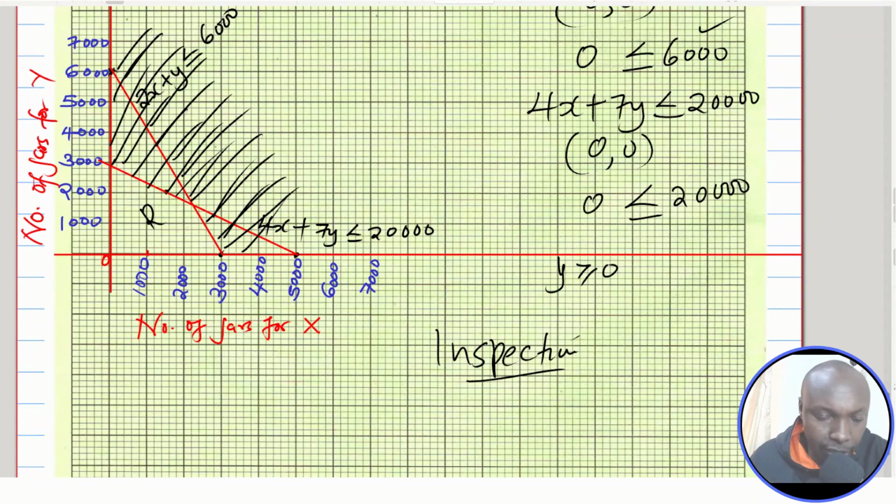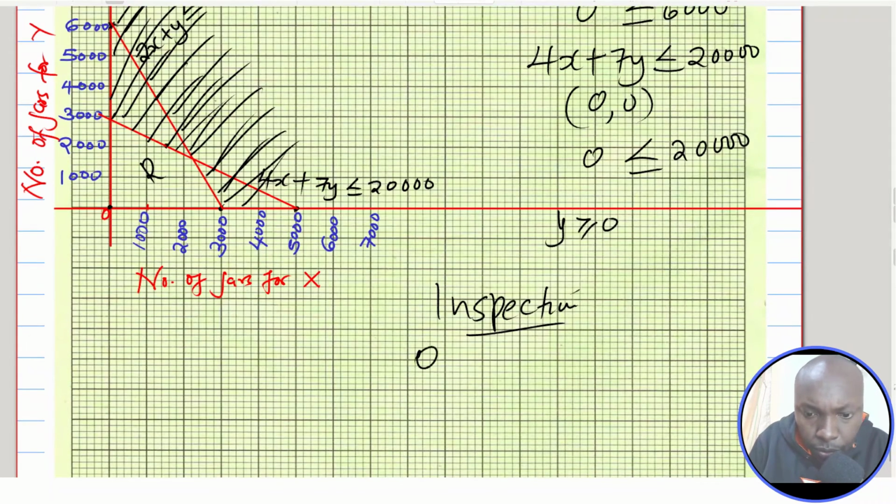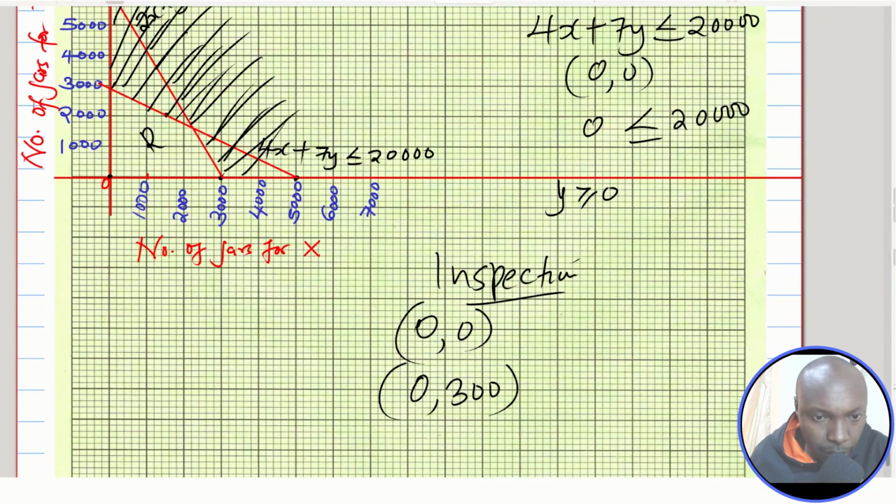We have several. One is the origin, 0, 0. We also have 0, 3,000. That is what you're going to inspect. Those are the corner points of the feasible region.